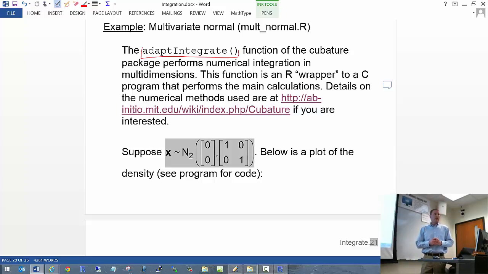I'm not going to go through all the details behind how it works. Let's just apply it to a multivariate normal setting so we can see how it's done. Let's say my multivariate normal looks like this. I'm sorry, it's a bivariate normal. The mean vector is zeros, and the covariance matrix is basically an identity.